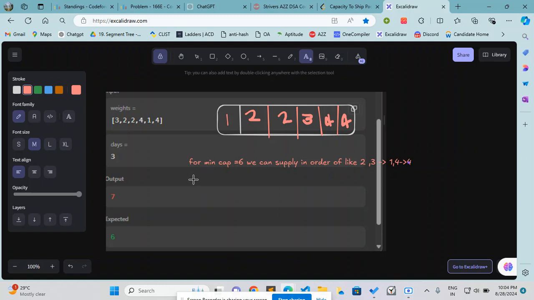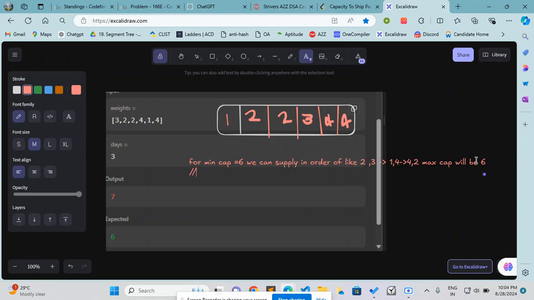If we take 2, 3 and 2, 3 and 4, our maximum capacity will be 6.